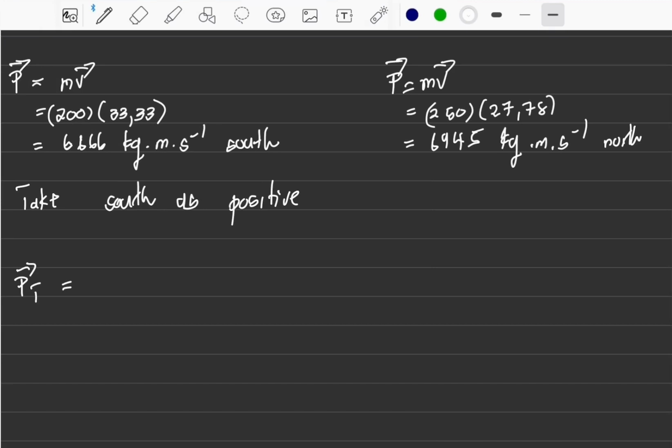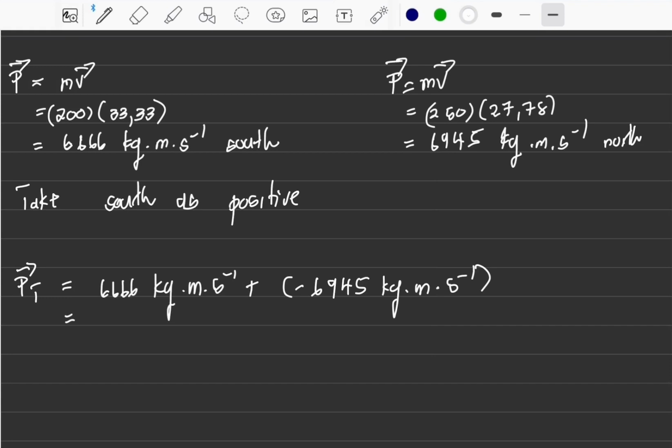PT is equal to the momentum for motorcycle A, which is 6,666 kilograms meters per second, plus negative 6,945 kilograms meters per second. It's negative because it's in the opposite direction to the direction that we have considered as positive.